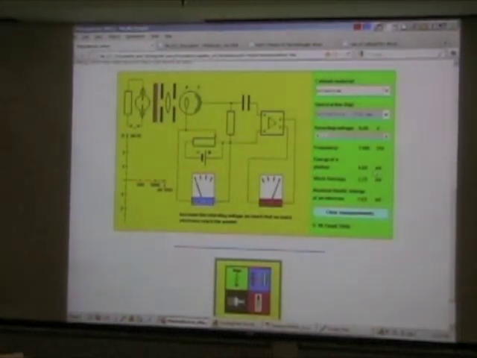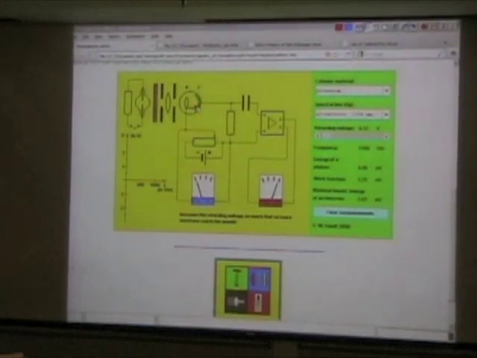This battery applies a potential difference between those two electrodes. So if I apply some voltage between these two electrodes, what will be happening?